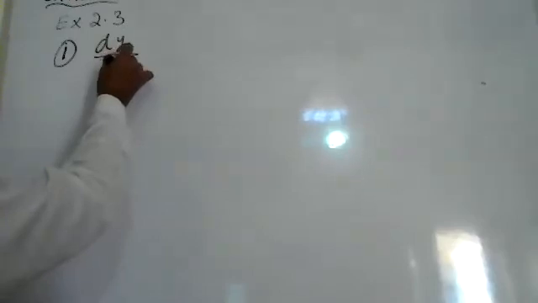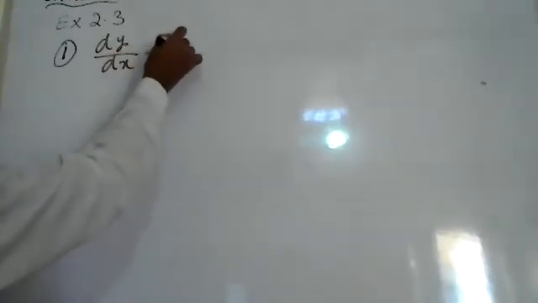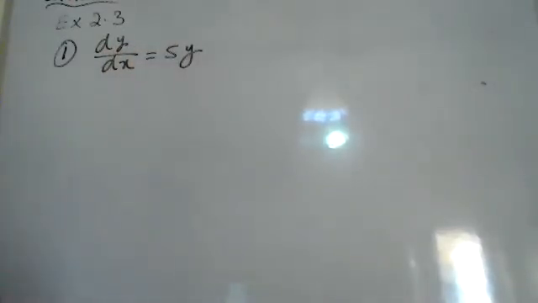dy upon dx is equal to 5y. The terms of y will be shifted on the left side to change into the standard form.